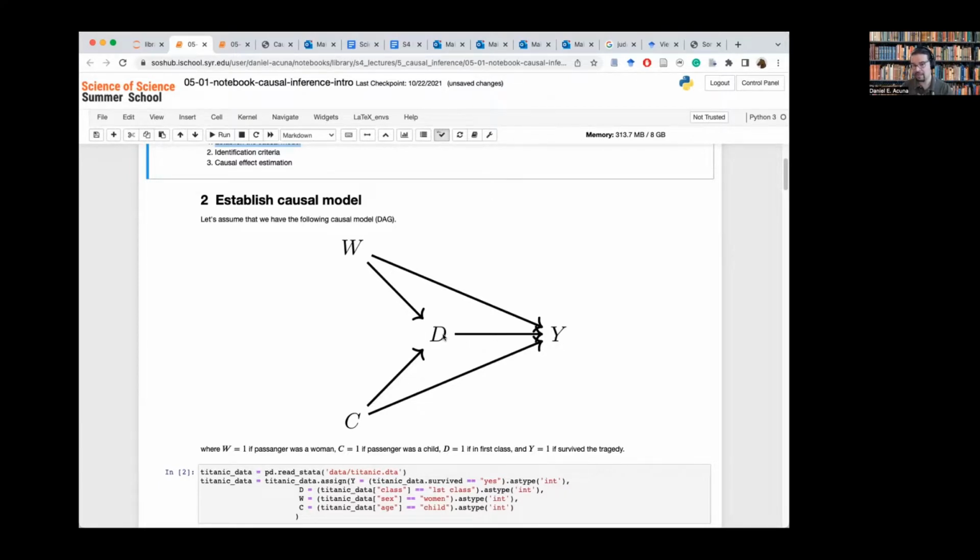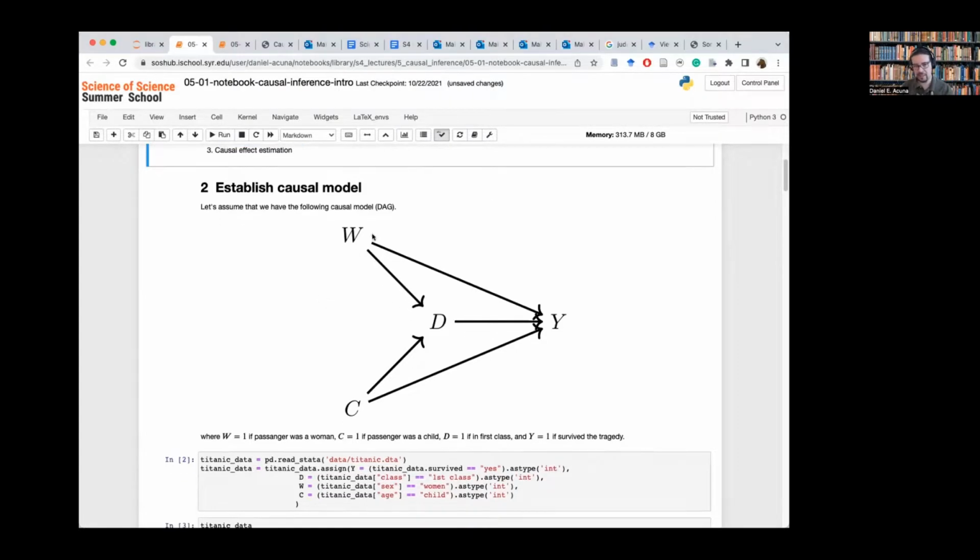However, there are other confounding factors, and you probably might agree with this. If you were a woman at the time, usually for reasons that I won't get into, and this is an assumption, that might affect your ability to go to first class, right? So gender affects whether you go to first class or not.